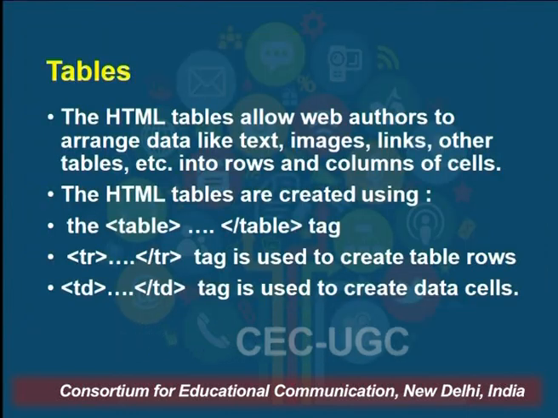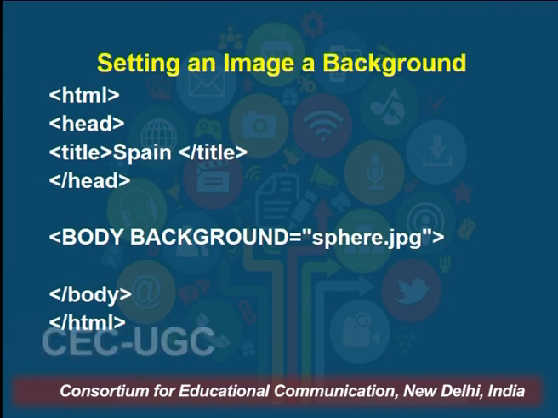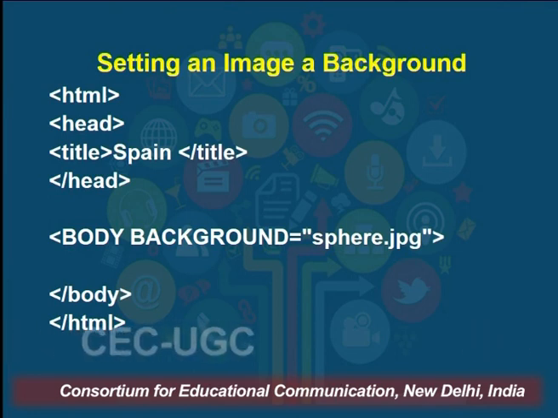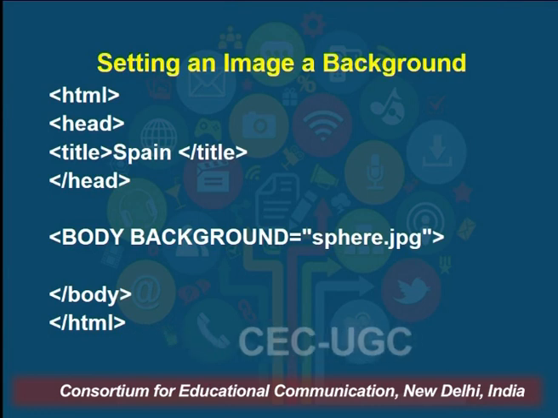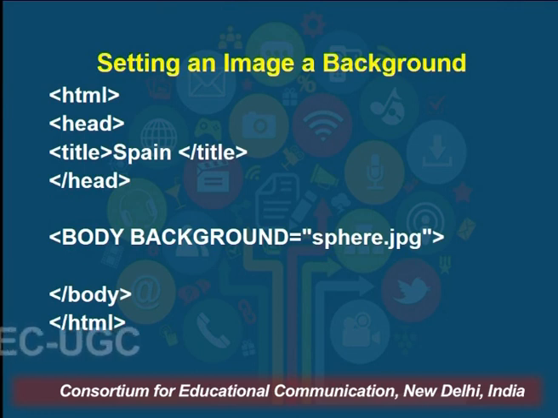Now, a simple question which would arise in your mind is that when you look at a particular background, you would want to further enhance it, right. You may want the image to come only in the center, or you want the image to come as a watermark. All this can also be controlled, but it cannot be controlled to a major degree using HTML.